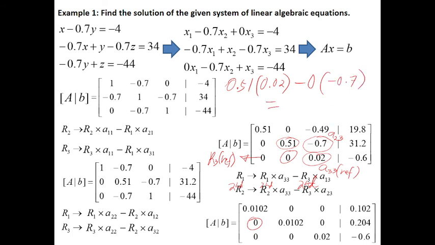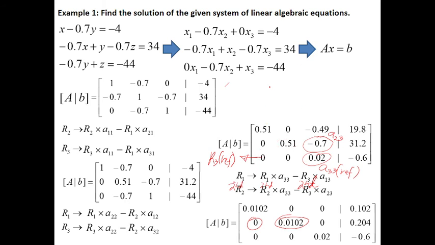So we will get 0.51 times 0.02, which is 0.0102. So we got 0.0102, okay.